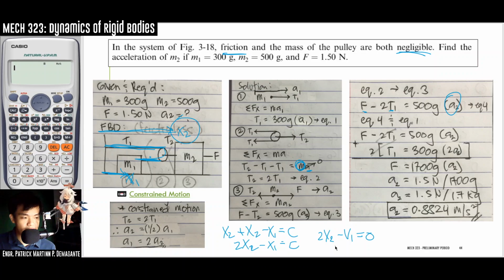Equate lang natin. 2v2 is equal to v1. Pag dinifferentiate natin siya ulit, now we will get naman yung ating acceleration. So, differentiate natin siya ulit. So, magiging 2a2 is equal to a1. Same naman. Ito yung kanilang relationship.